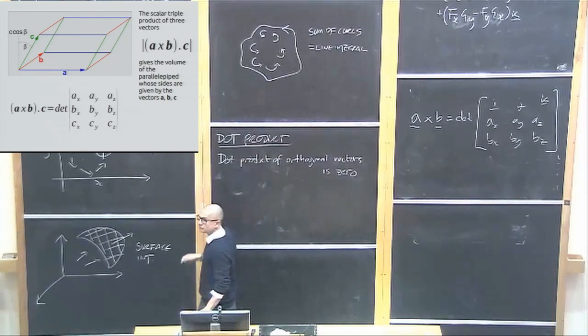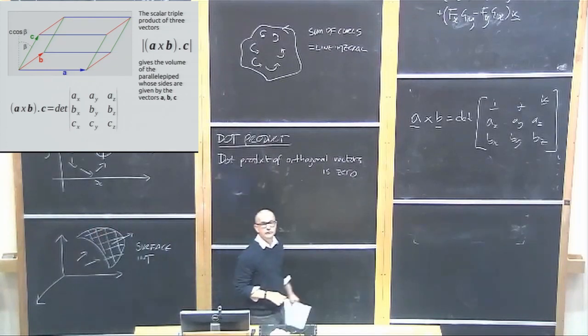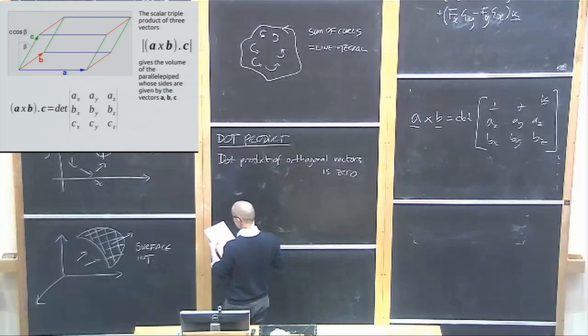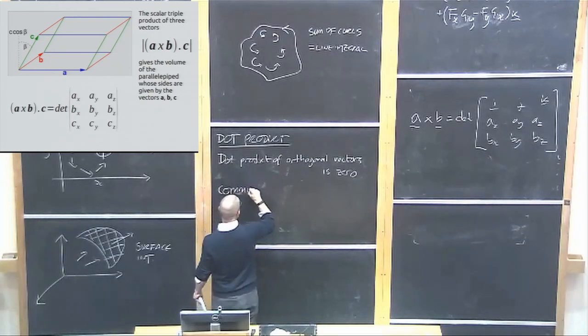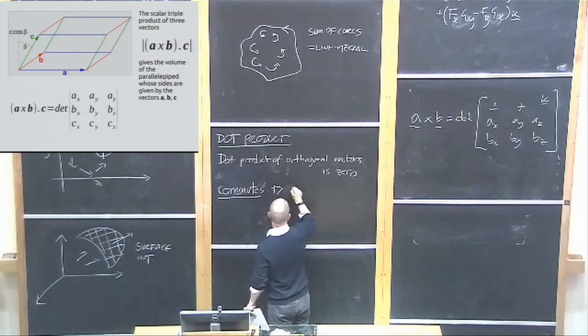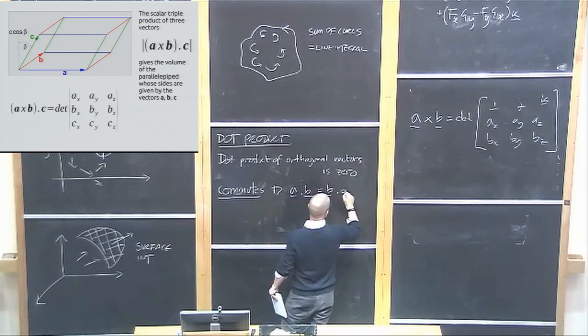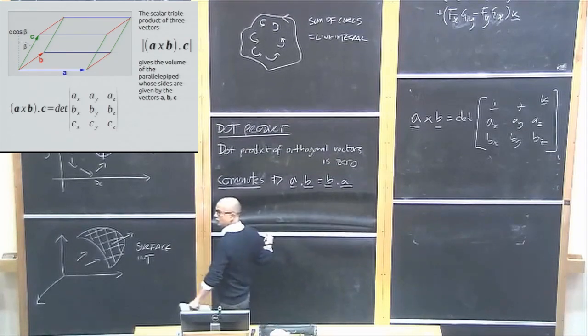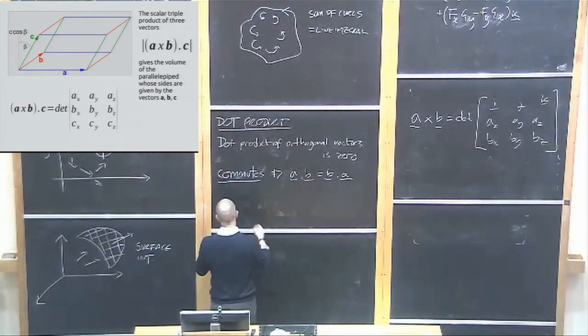And that makes sense: when you have two vectors which are orthogonal, there is no projection of vector A onto vector B, and so the dot product of them is 0. The dot product commutes. So this means that A dot B is equal to B dot A. And as you know, this is not a property which the cross product shares.